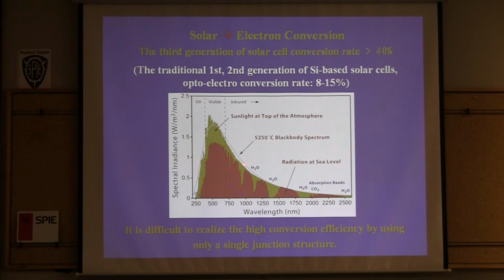Because you cannot capture the whole range of solar energy, only a very narrow range. Below the energy gap, you cannot get energy or convert it to electricity. Above the energy gap, for something like silicon, which does not have a direct band structure, efficiency is not very high. So how do we realize more than 40% conversion? We call it the third generation of solar cell conversion, which is a trend right now around the world.